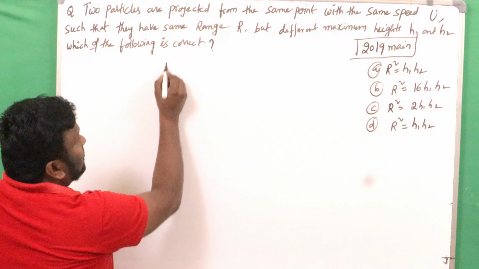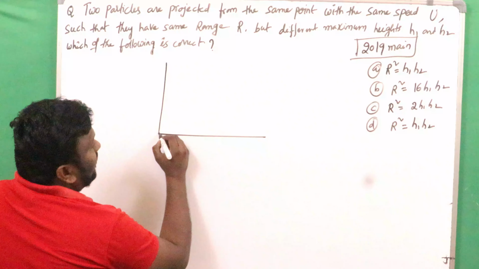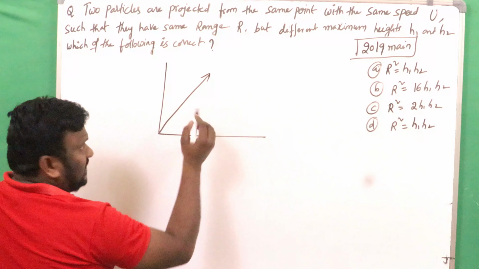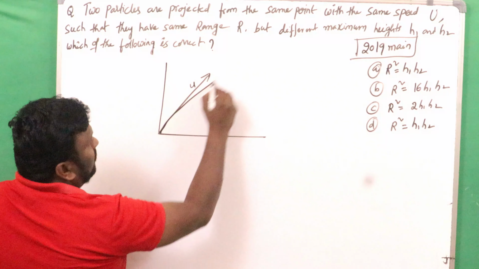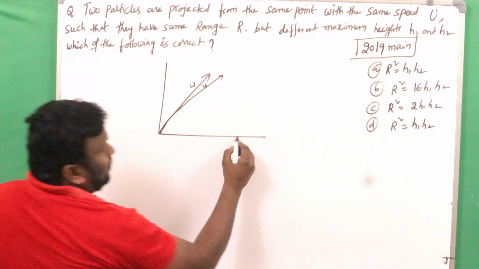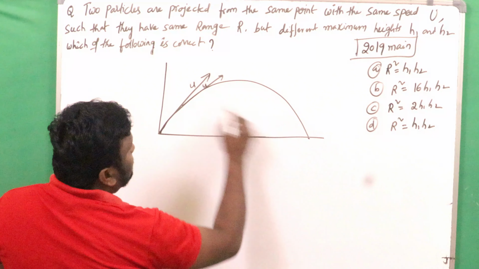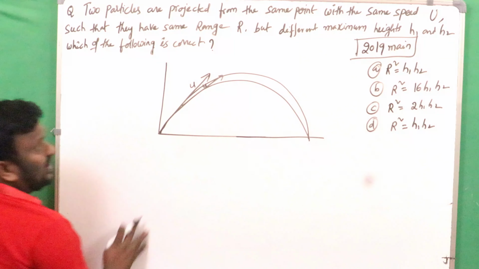According to the question, from the same point two objects are projected. One is with the velocity u and the next also has the same velocity u, and both have the same range. So they travel the same horizontal displacement.